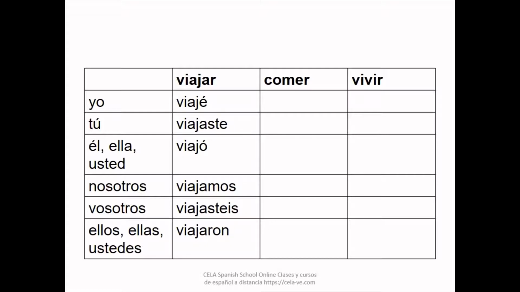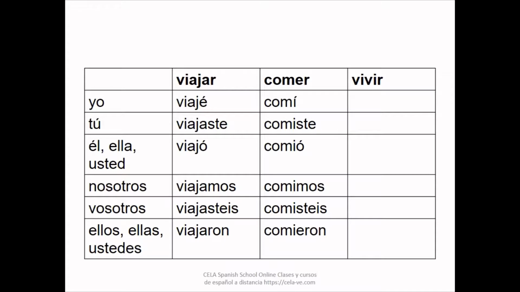Now, let's conjugate a regular verb ending in er, like comer. Comí, comiste, comió, comimos, comisteis, comieron.